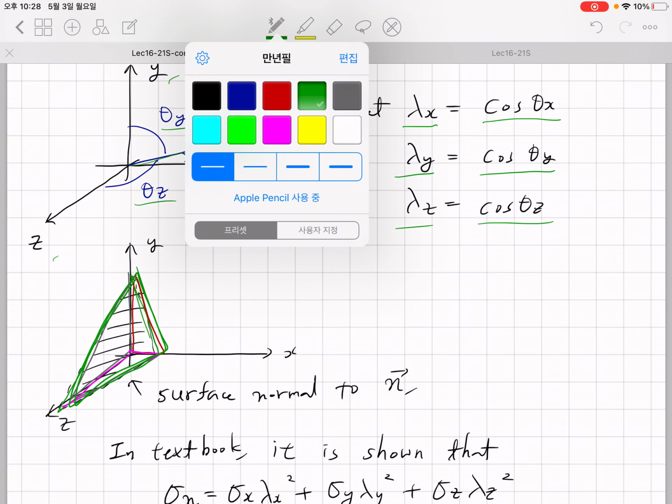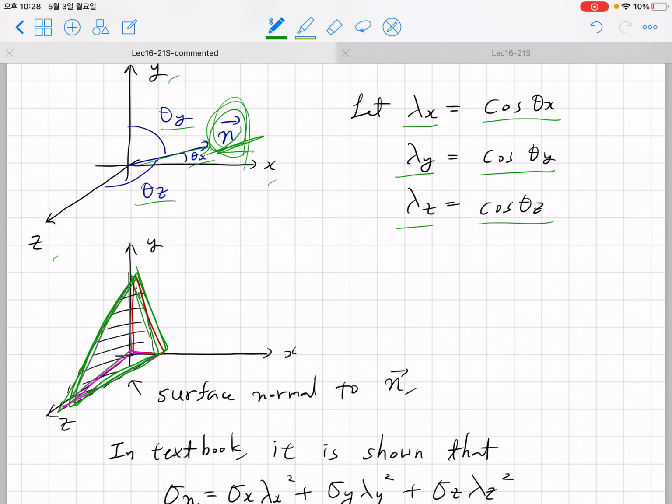We have four surfaces. If you recall, in Mohr circle for the plane stress problem, we take out this two-dimensional triangle and consider the transformation between sigma x prime, sigma x, and sigma y, and tau x prime y prime, and tau xy by setting up this kind of triangle.